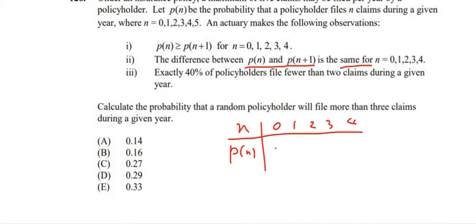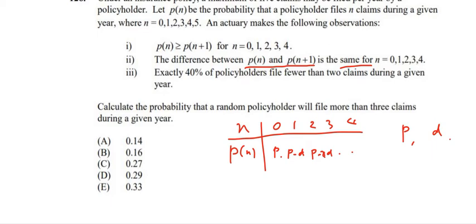So let's say the first one is p, then p minus d, p minus 2d, p minus 3d, p minus 4d. So we need to find p and d. p is the probability for n equals 0.